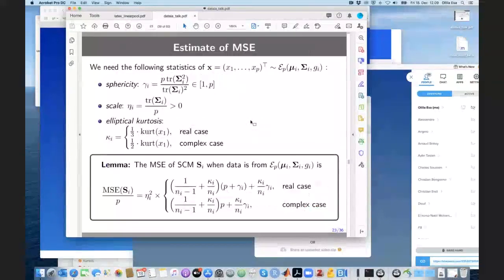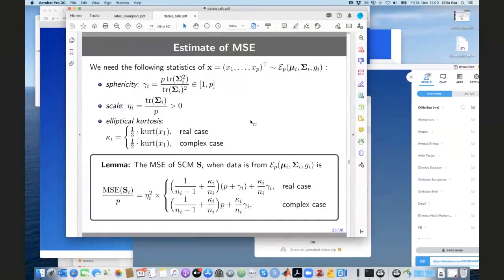So let's first talk about how we estimate the mean squared error of the sample covariance matrices. To explain what the mean squared error looks like, we need only 3 scalar valued parameters. The first parameter is the sphericity parameter. This parameter is always in the range of 1 to p, where p is the dimension. If the covariance matrix is identity, then the sphericity is equal to 1.